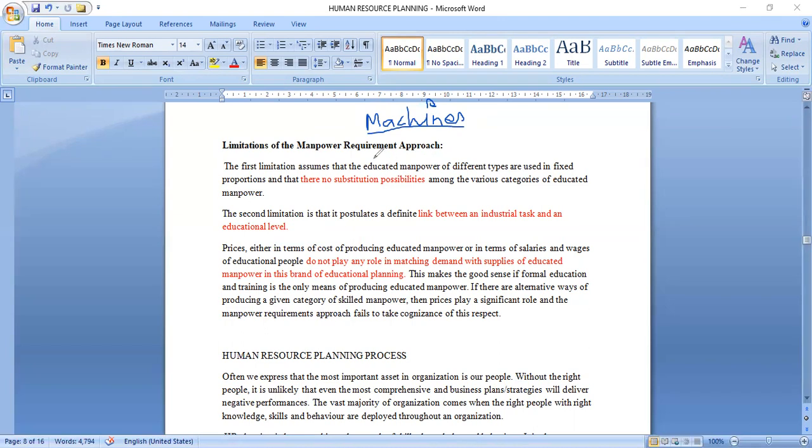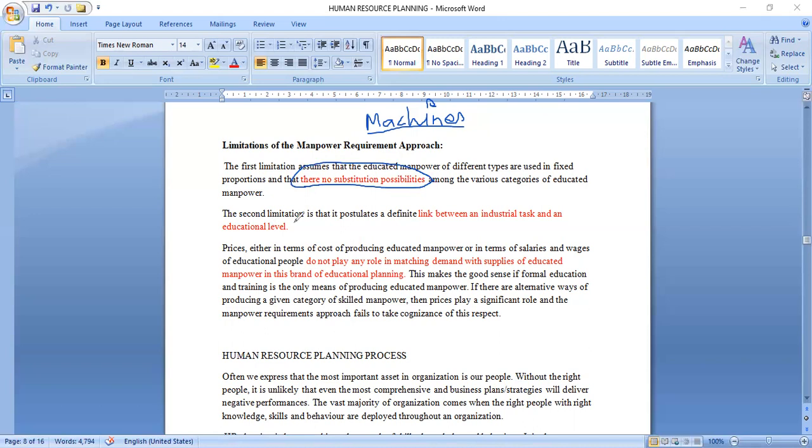They simplify work, they quicken work, and they even produce more output compared to someone employing human beings to provide the labor. So this manpower requirement approach has been criticized on those grounds. It assumes that human beings who are providing the labor cannot be substituted by machines.